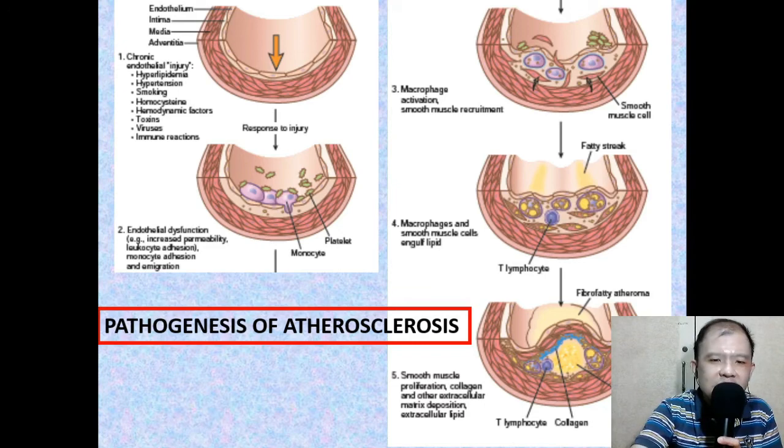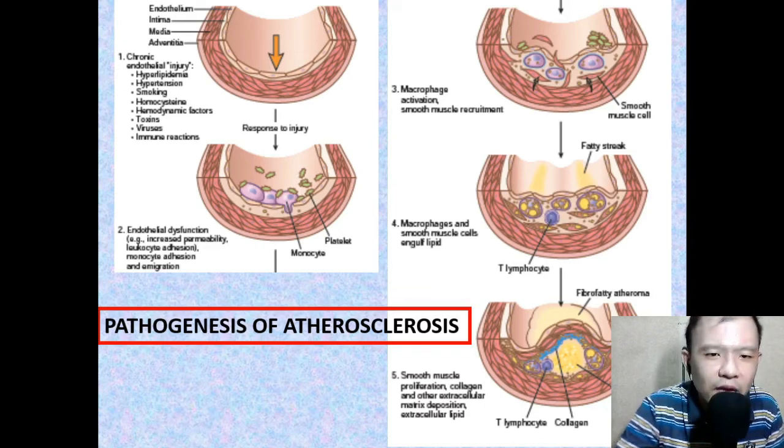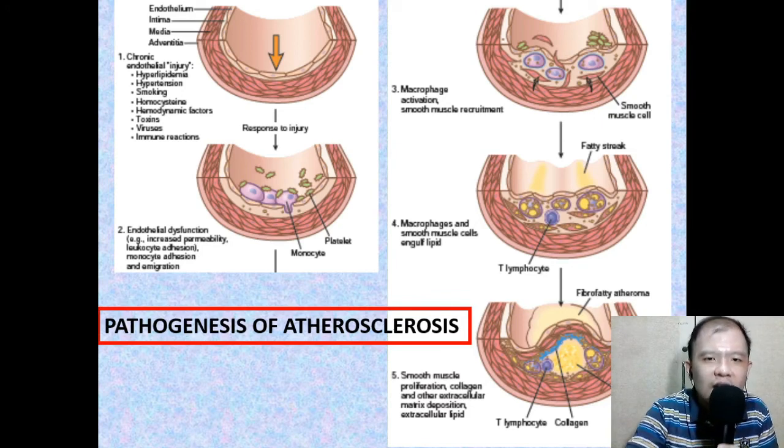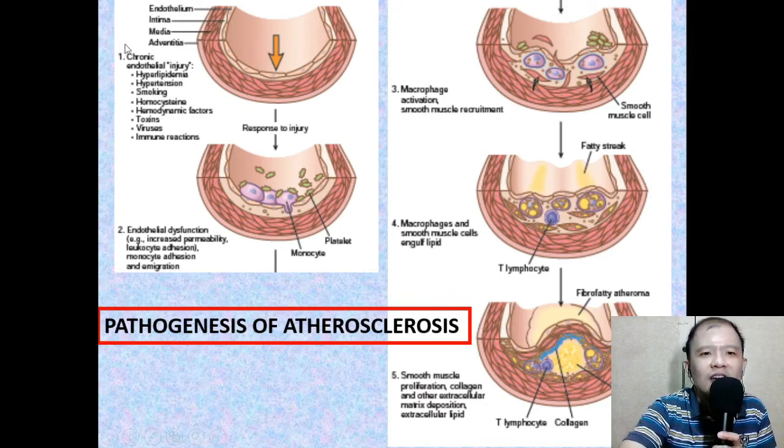And this is a slide that talks about the pathogenesis of atherosclerosis. Okay? So what is the trigger of atherosclerosis? It is endothelial dysfunction, secondary to chronic endothelial injury. So if your answer is endothelial injury, that is still correct. Okay?